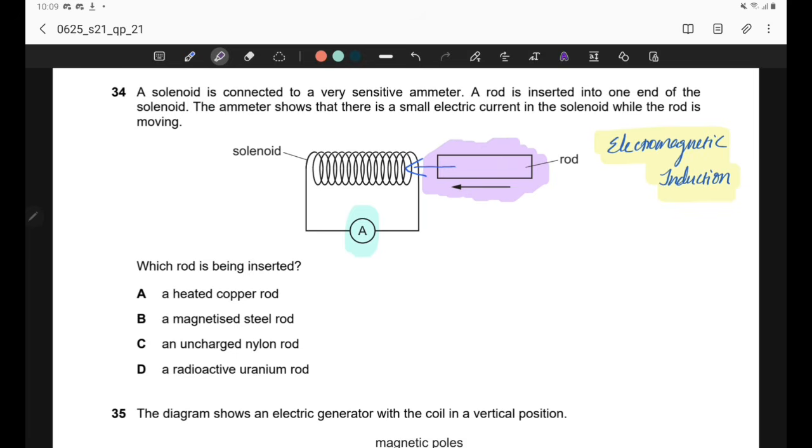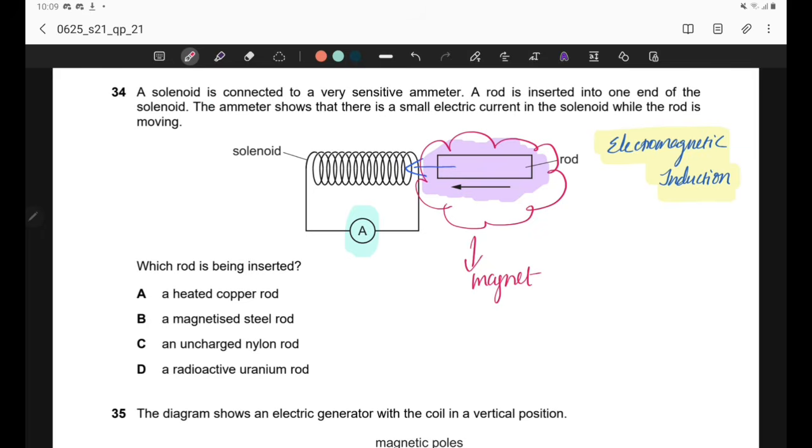If it is a magnet, when it inserts inside the solenoid, its field lines will get cut. As a result, there will be an induced EMF generated, or there will be a current generating. As a result, the ammeter will show some reading. So the condition for this is the rod must be a piece of magnet.